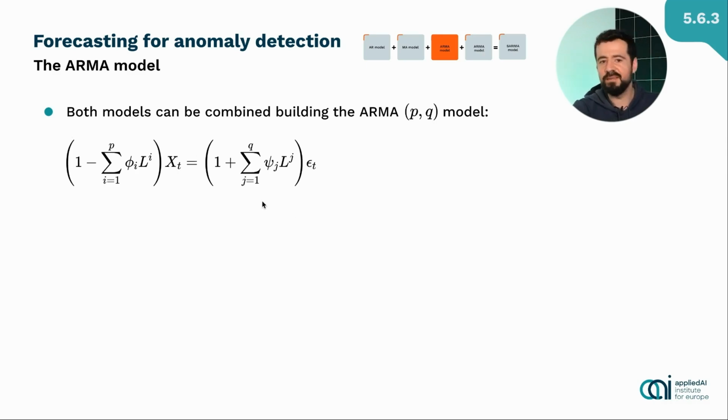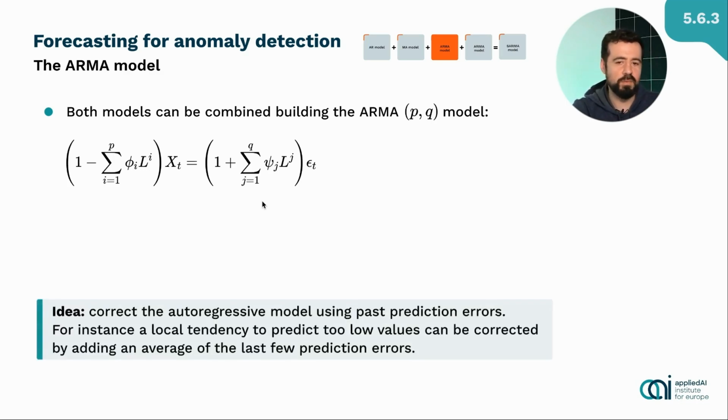At first glance, it might seem hard to interpret what's going on here, but there is actually a very intuitive way of looking at this, because you can see the autoregressive model as making predictions over time. And of course, these predictions will not be 100% accurate. And the difference between what has been predicted and what is really observed are actually the epsilon t, if our process really behaves according to this model.